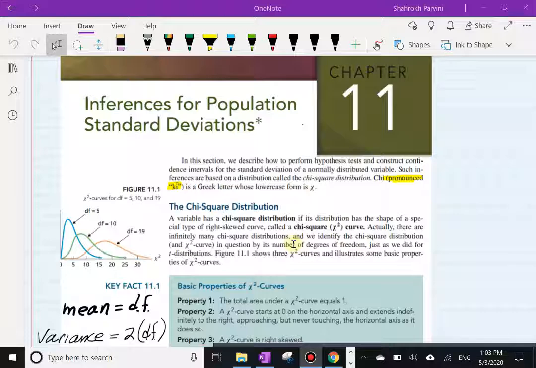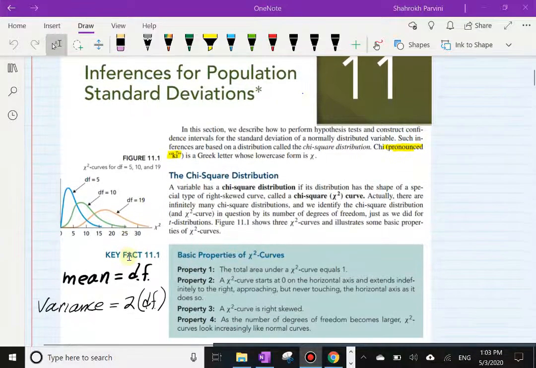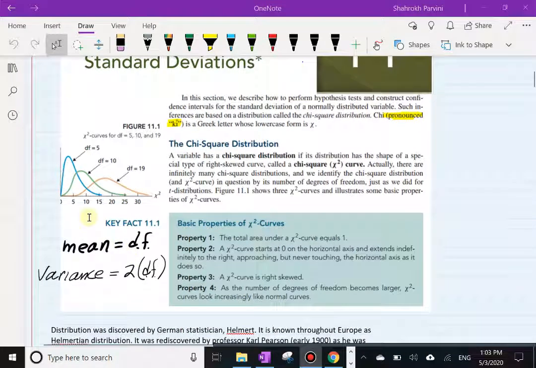The distribution is continuous, as you can see from this figure 11.1. Being continuous, that means areas are probabilities. So to find the probability of a random variable lying between two values, we need to find the area under the curve.